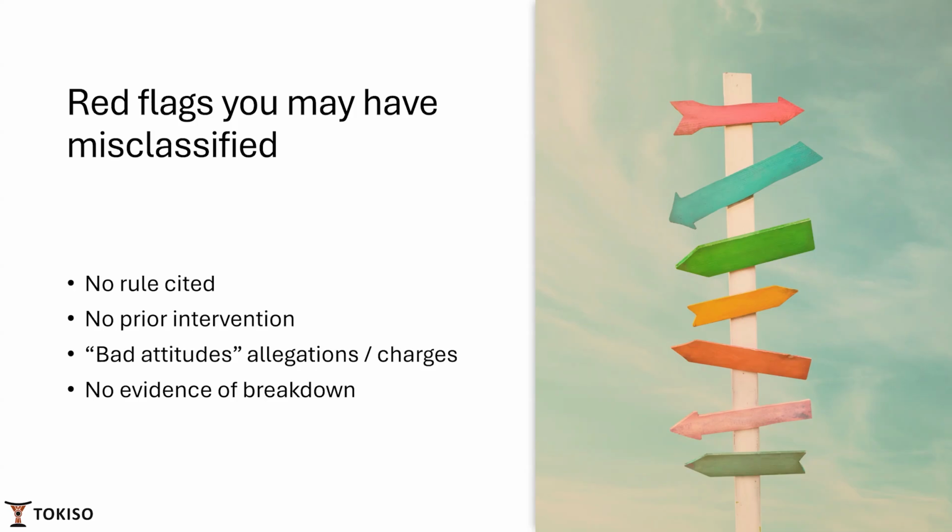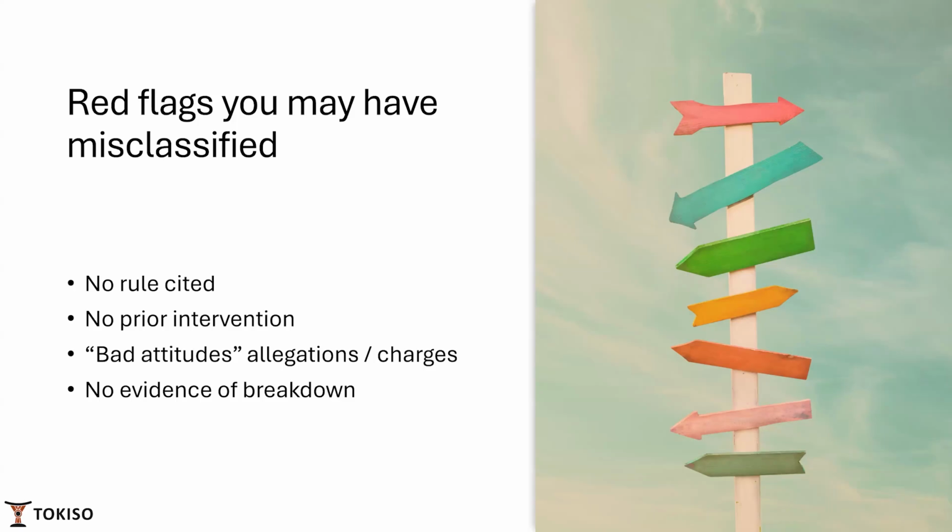Be wary of allegations or charges that include things relating to bad attitude. Others that I've seen have been negative energy, or creating a toxic environment, or just doesn't fit the culture of the organization. Be wary of these bad attitude labels, because they are labels. What is actually required when you're drafting allegations and determining incompatibility is observable conduct.